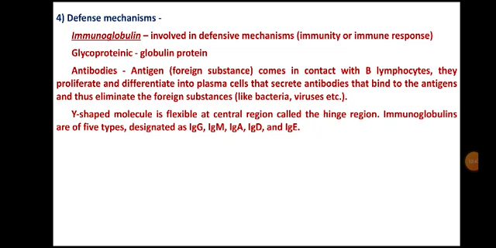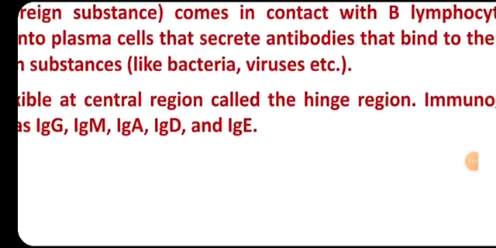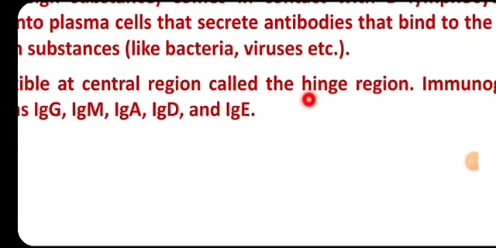This antibody molecule is Y-shaped, and it is flexible at the central region, where this junction is there at the Y. The region where it is flexible is called the hinge region.